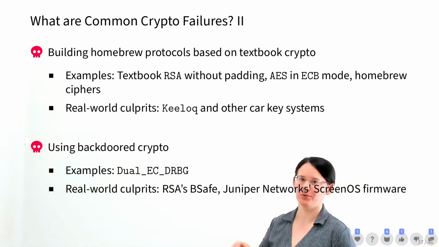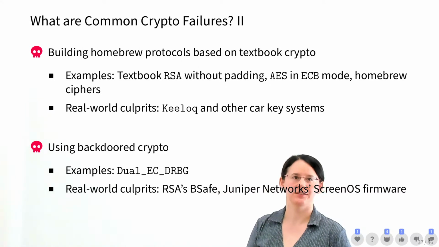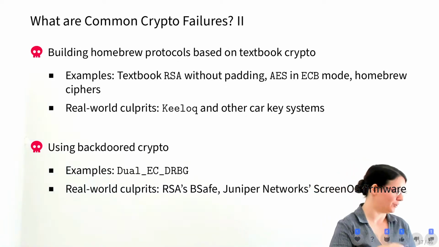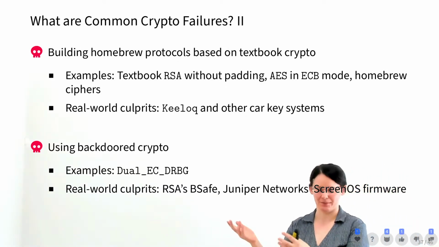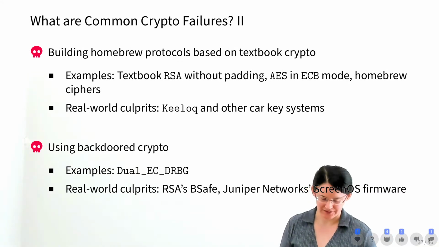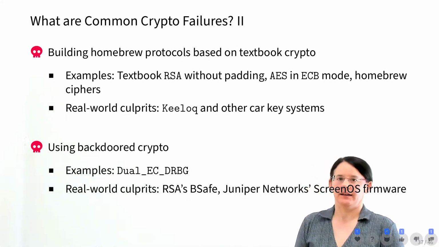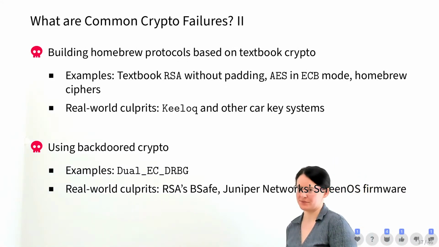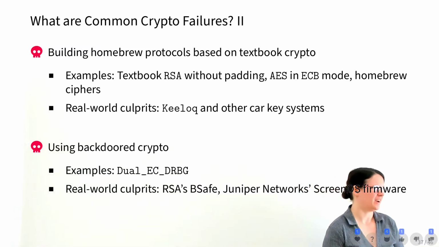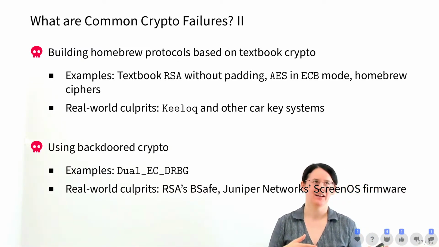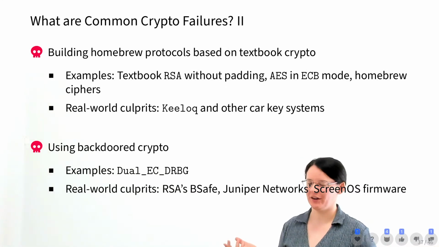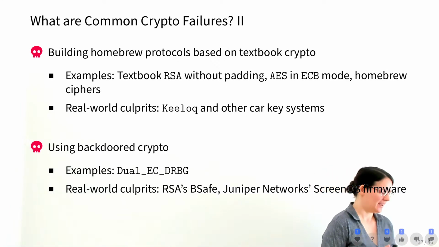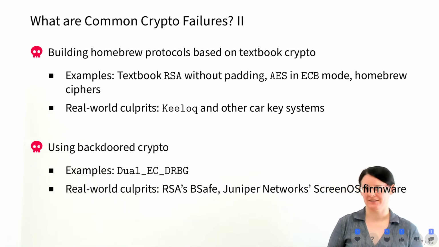So in particular, the homebrew ciphers are very widespread when we look at systems like car key systems, because for some reason, car vendors are really fond of buying proprietary crypto from some shady vendors, and this often doesn't work out as expected. Another case where you actually see this is some apps. So for example, Telegram, while it sometimes advertises as a secure messenger, actually has a pretty bad track record of trying to come up with their own protocols and ciphers, which don't really hold up to modern standards.